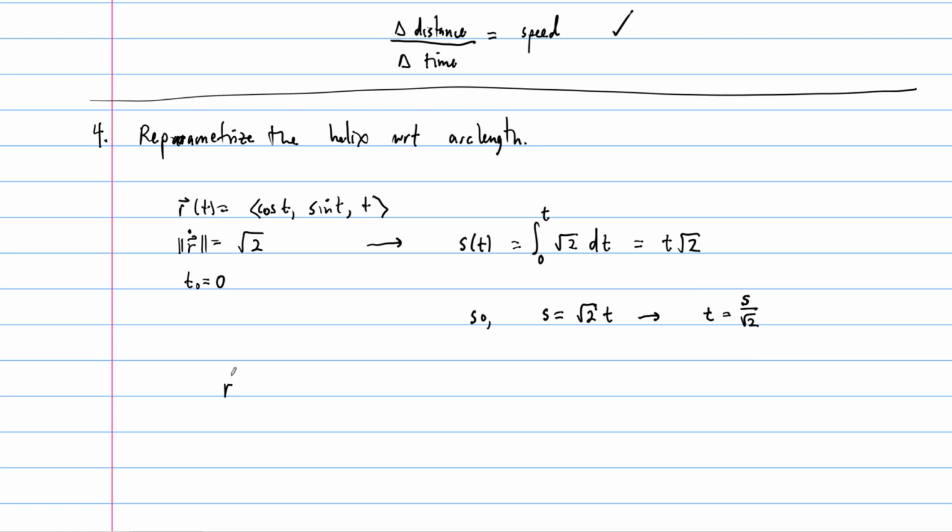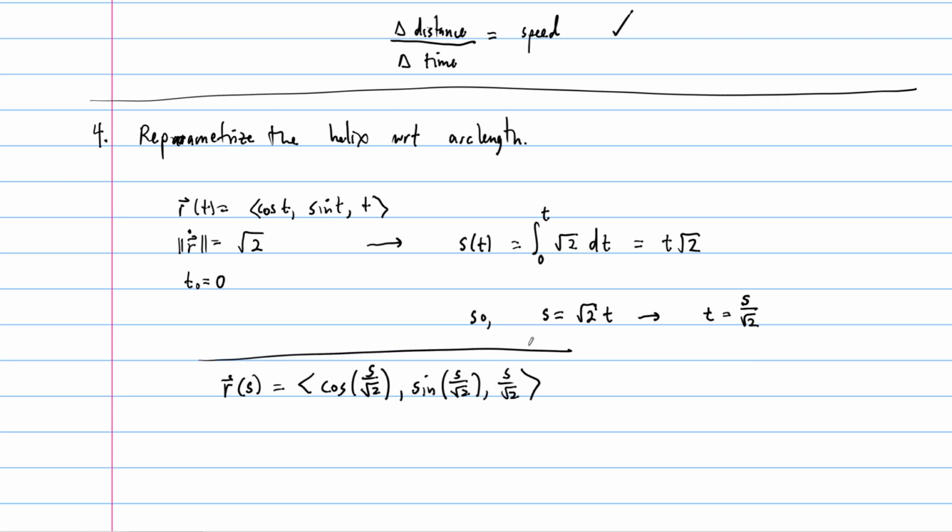And we can say, all right, so r of t is equal to this, but we can swap out our t for s over root 2, and we can write our vector function of the helix up here as a function of s instead of a function of t. So a function of arc length instead of time. And this then gives us the cosine of s over root 2, second component sine of s over root 2, and then s over root 2 in the third component.